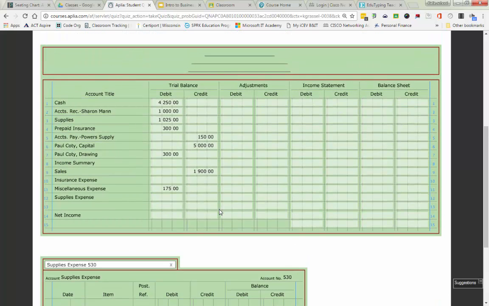So this worksheet's a little bit shorter. What you need to do after you have all your numbers in is go through, use your calculator and add up, and we have to get our trial balance, debit and credit to equal.